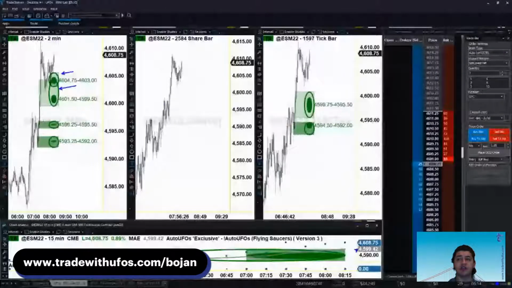So the moving average is supposed to be enveloped by a UFO in these 3 charts: 2-minute, 25.84 share bar, 15.97 tick bar. Okay, so that is the strategy that we're utilizing. That is how we look for opportunities.